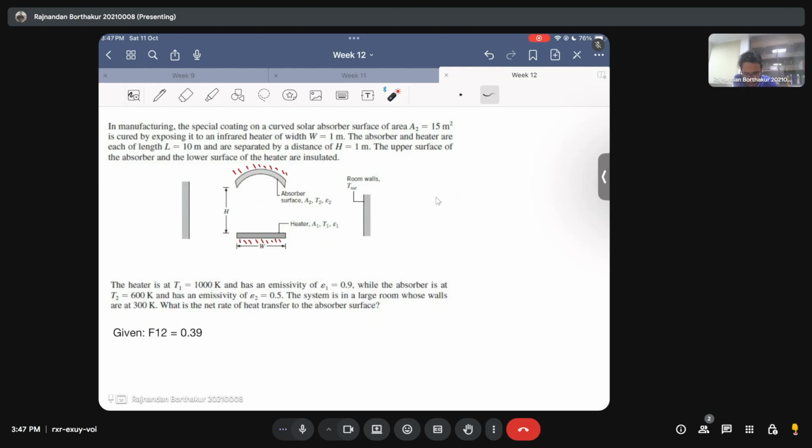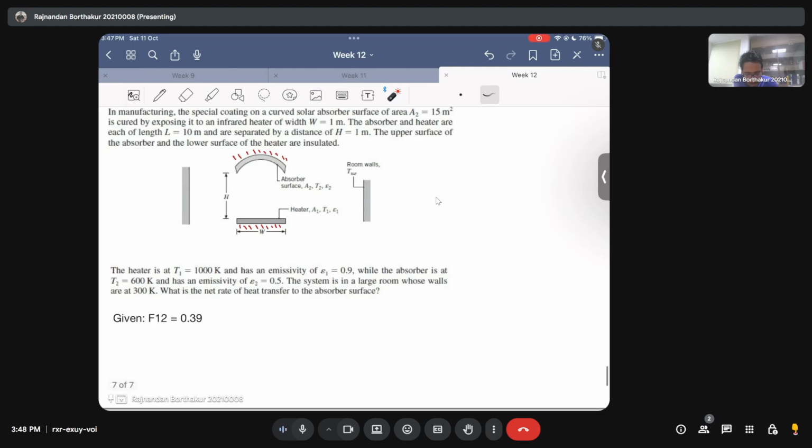Okay, the heater is at temperature T1 equal to 1000 Kelvin. That obviously is the case because you are providing heat to cure the surface of the absorber, and it has an emissivity of 0.9, which is of course close to a black body, while the absorber is at temperature T2, which is 600, and has an emissivity epsilon 2 equal to 0.5.